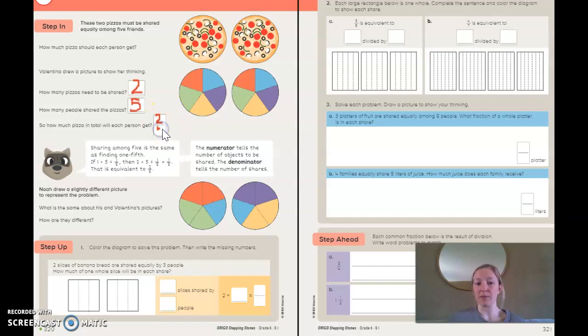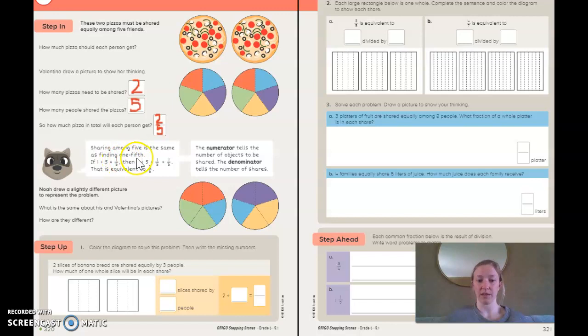Now, some of you might get confused and you might say, wait, there's 10 pieces, Mrs. Moyer. And that's not the right way of thinking. There's only 5, or your denominator here is 5 because your wholes are divided into 5 pieces, not 10. Okay, so it's 2/5.